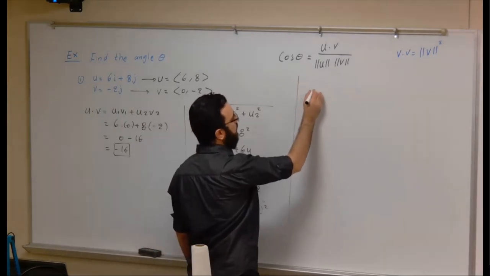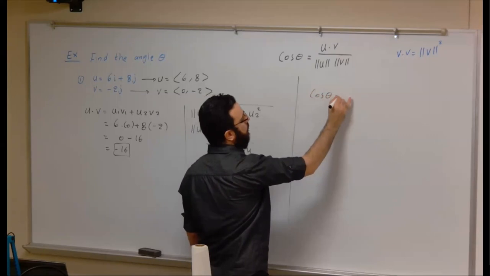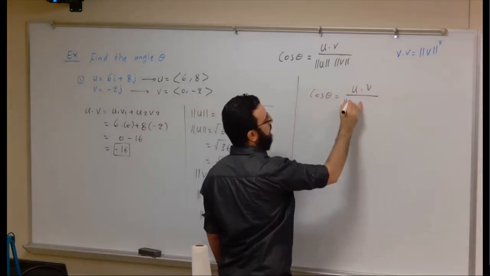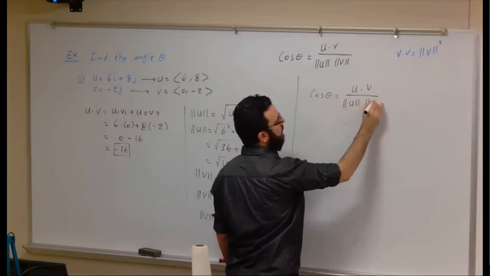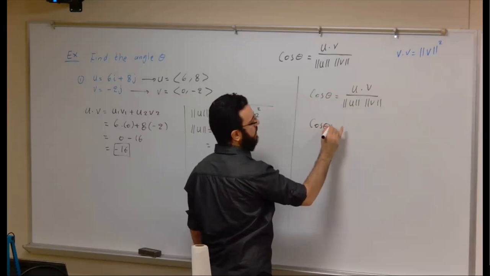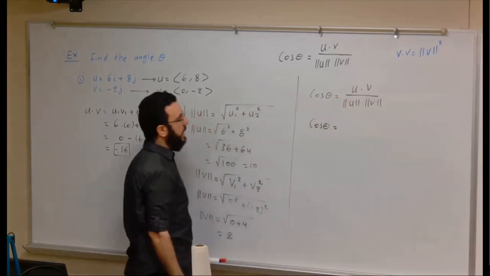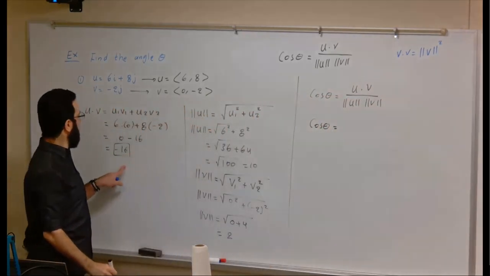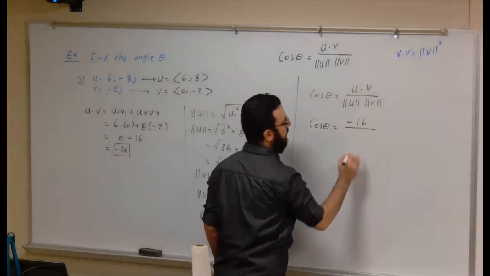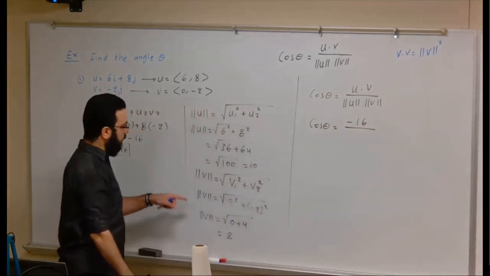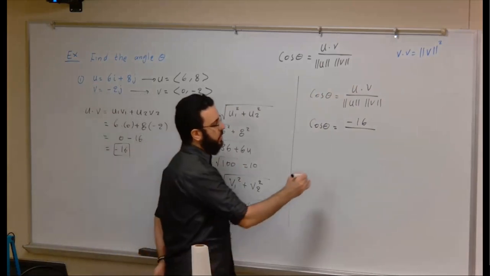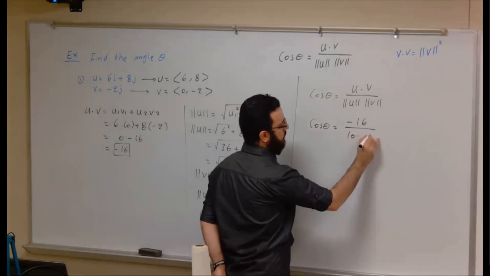Cosine theta equal the dot product between U and V over the length of U times the length of V. That means cosine theta is going to be equal. The dot product is -16. The length of U is 10. The length of V is 2. So 10 times 2.